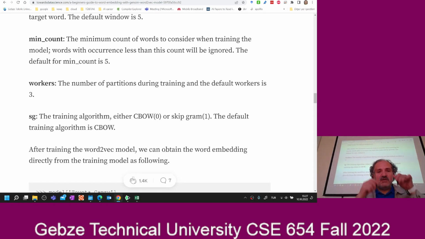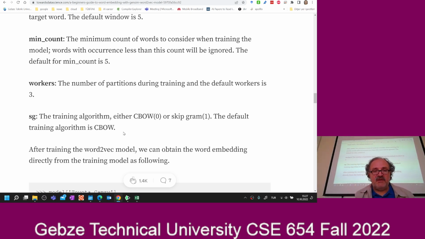Okay, this workers is, I think, now the number of partitions during training and the default worker is, I guess, the number of threads that's working on the problem because this is a highly parallelizable process.